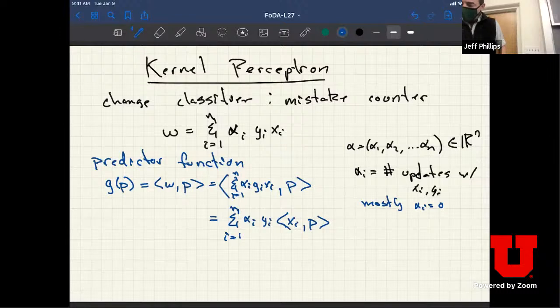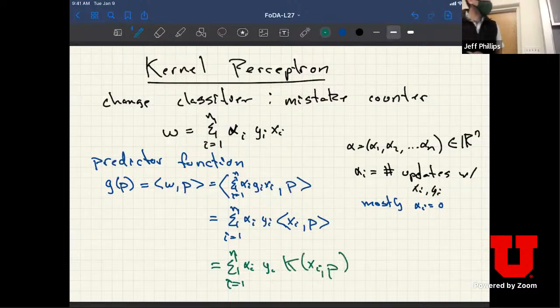And so now I can actually write this as the sum from i equals 1 to n of alpha_i y_i times a kernel of x_i and p. Now I can replace how I use the inner product with this kernel, and now I get a nonlinear classifier instead.